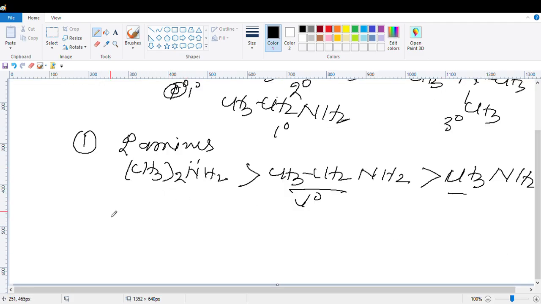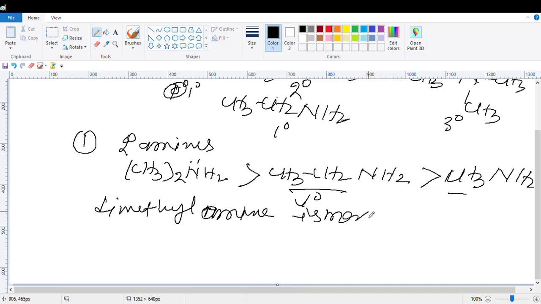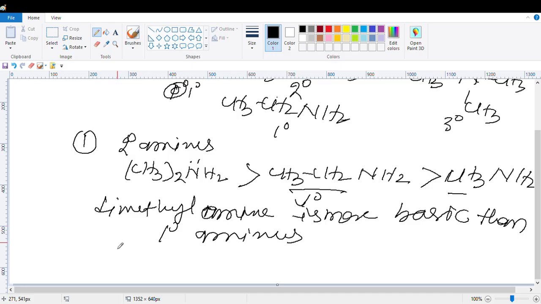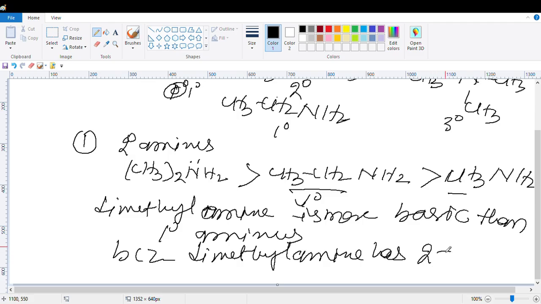So here dimethylamine is more basic than 1 degree amines, because dimethylamine has 2 plus I effect groups, which will increase the negative charge density on nitrogen of NH2 group more than ethylamine, even more than methylamine.